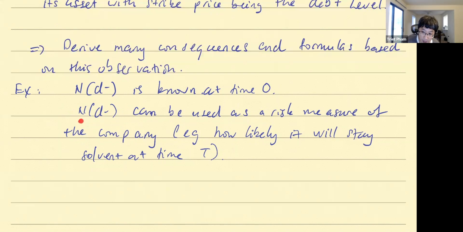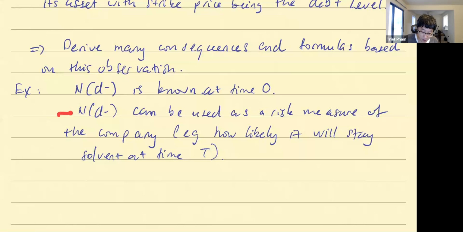So if a company has a high risk of default in the risk neutral world, higher than their peers, then they should also have higher risk of default in the physical world, and that has a lot of value to be deduced for you.